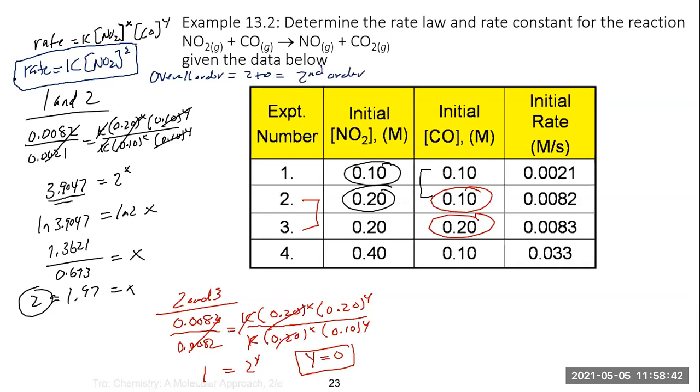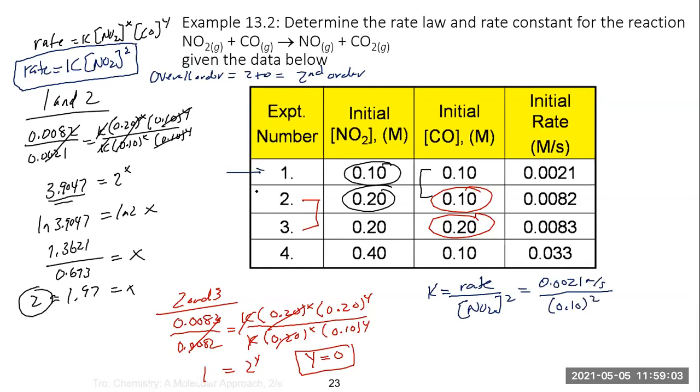And once we have our rate law here, we could rearrange it and solve for k. k would be the rate divided by [NO2] squared. If we put in our numbers, I'm taking them from entry number 1 in the table.